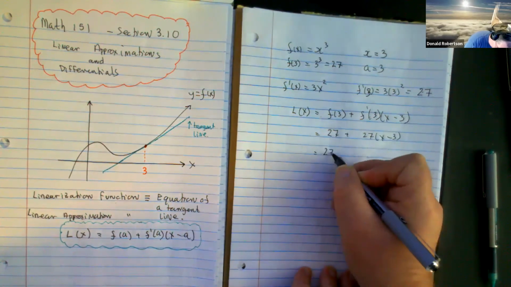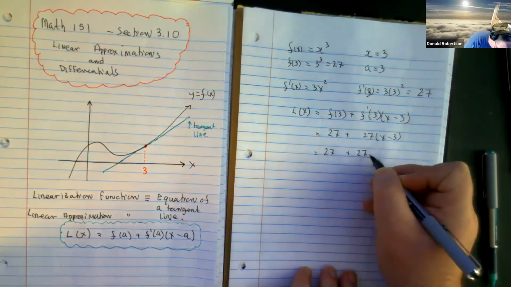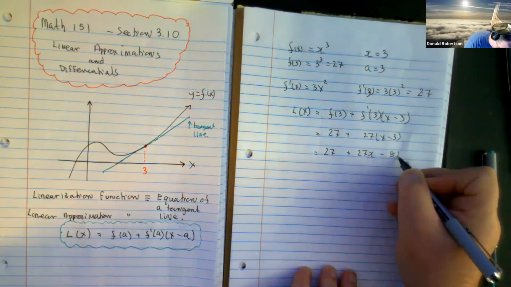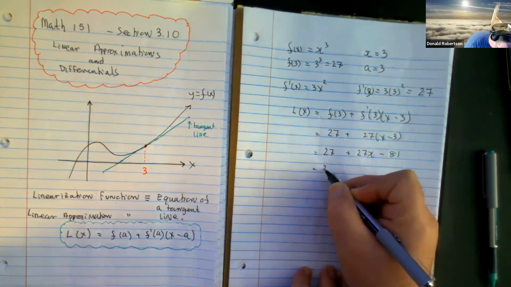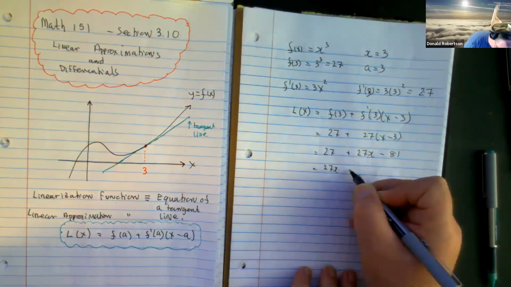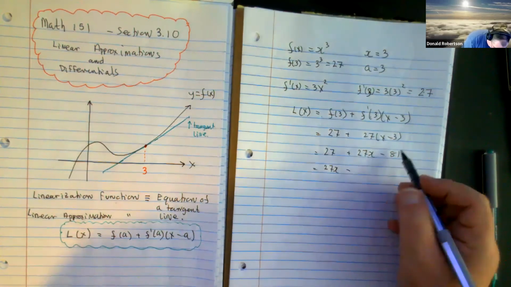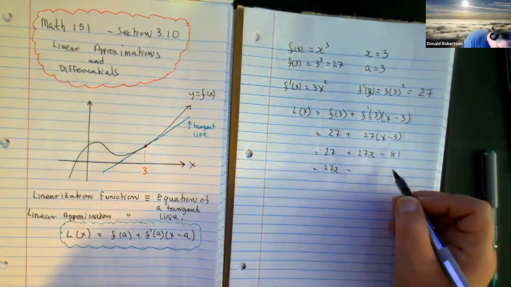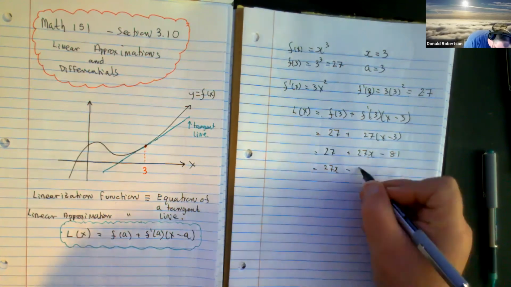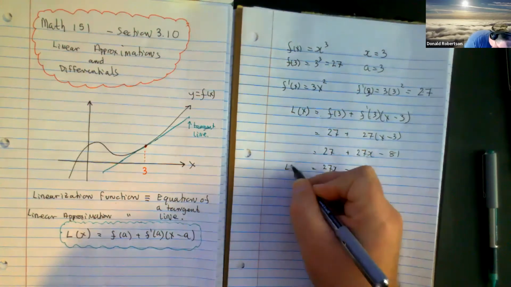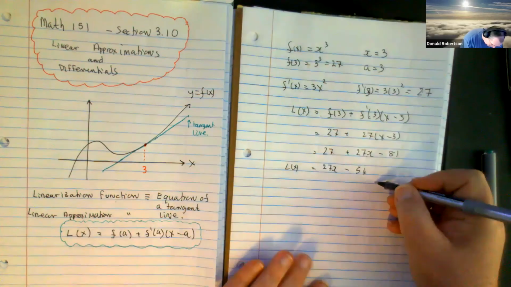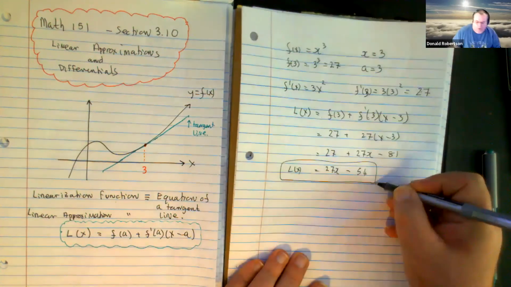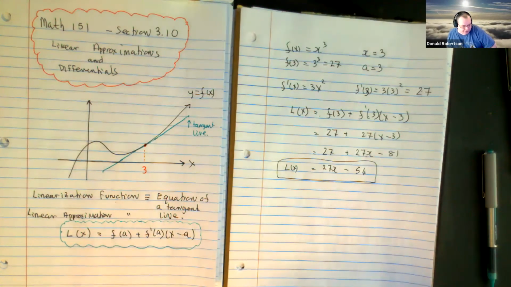And you are expected to do a little bit of style points. 54. Yeah, 54. And there is our linearization function, our linear approximation function.